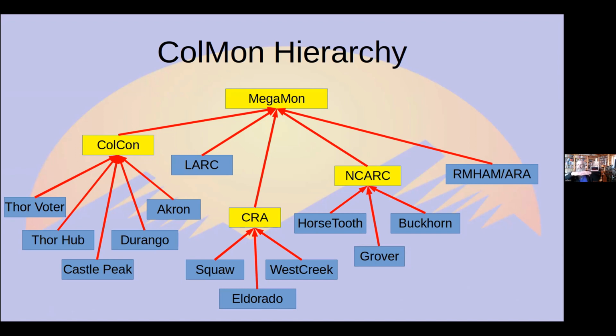From Megamon, we can have a view of all of the repeaters that are available throughout Colorado, and disconnect them from where they were connected before, and form a new cluster of connected repeaters that then can serve whatever instance we need to do.